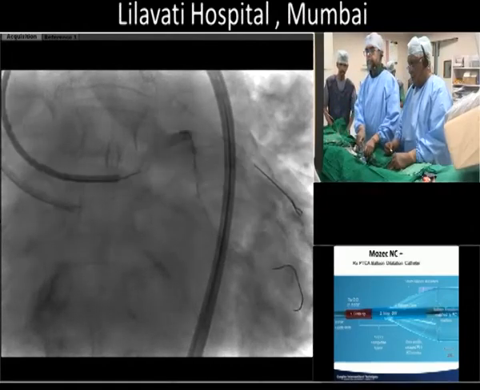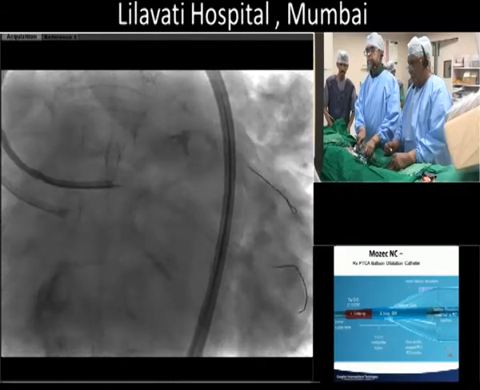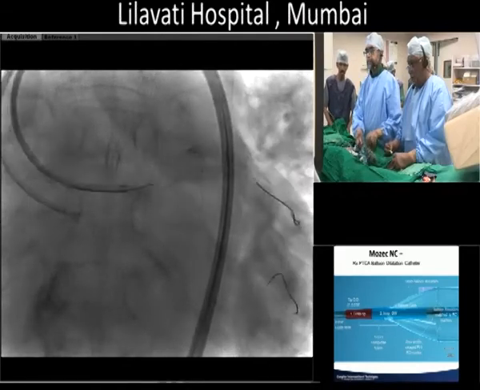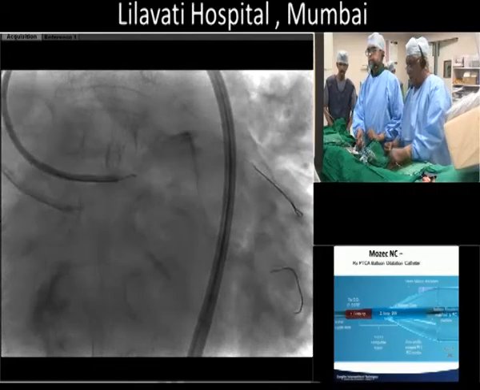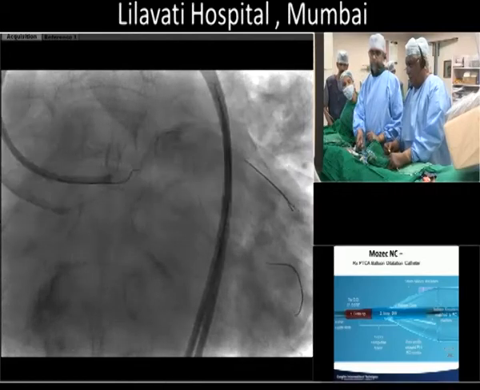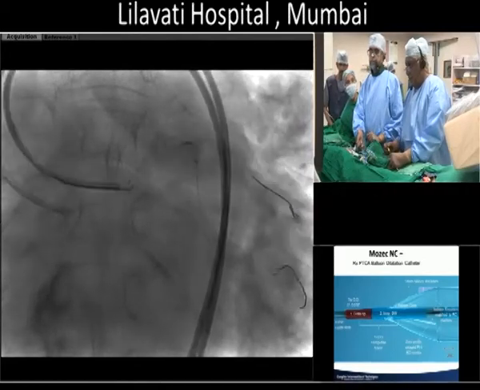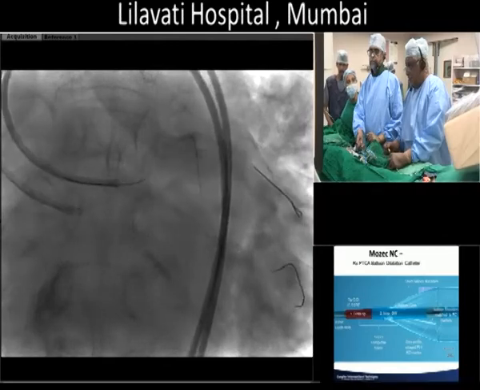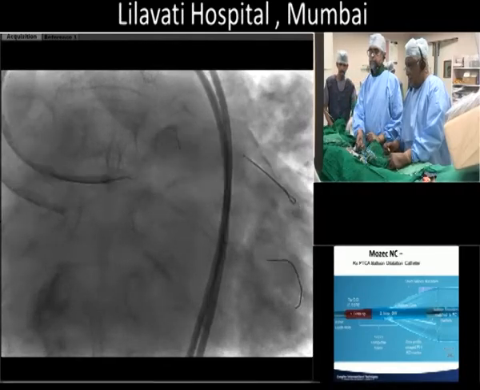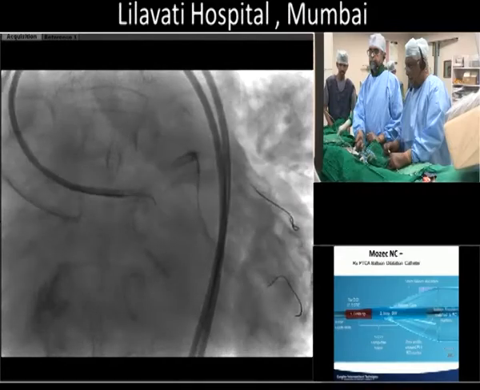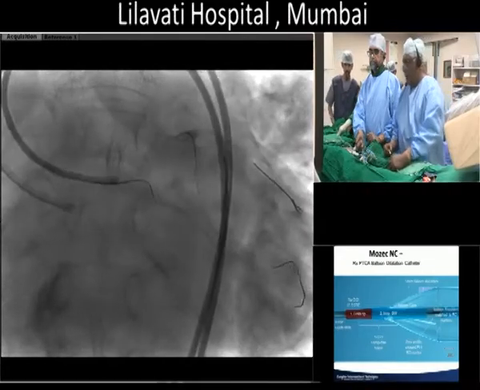So where's this wire going? I am trying to get it into the circ. You'll need a bigger bend. I need a bigger bend. Okay, LA quarter.